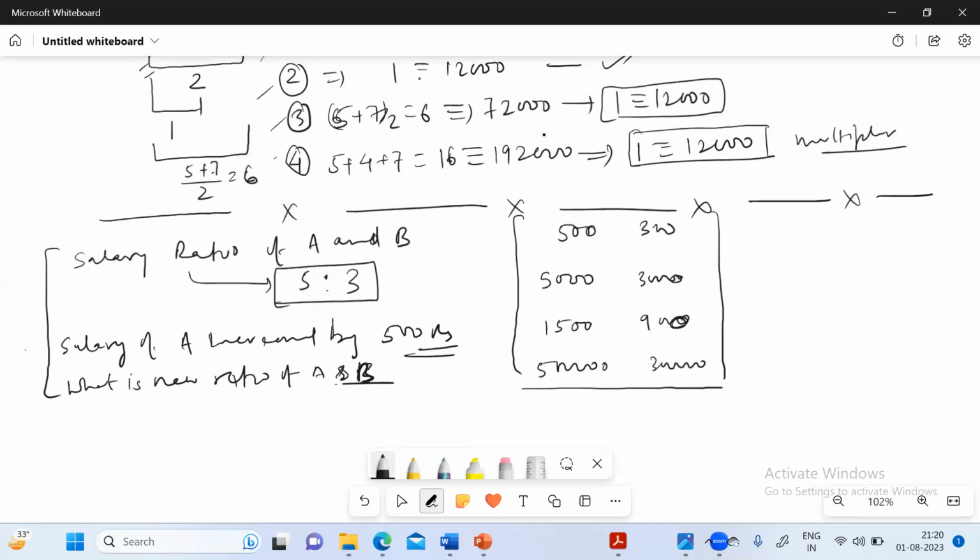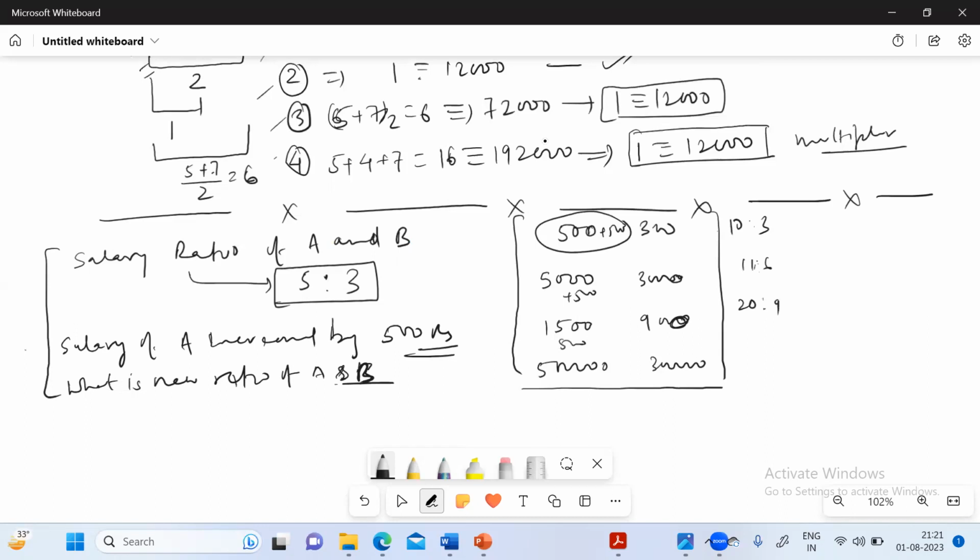If we add 500 to this place, the new ratio will be 10:3. If I add 500 to this place, the new ratio will be 11:6, I think. If we add 500 to this, the new ratio will be 20:9.